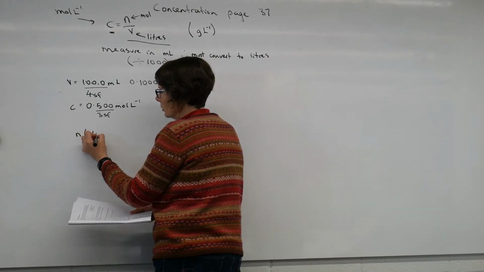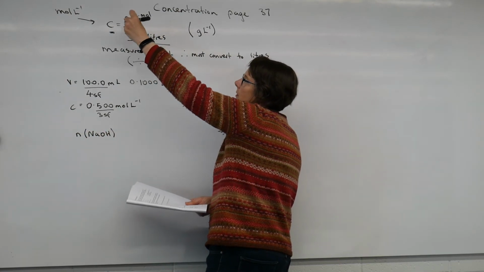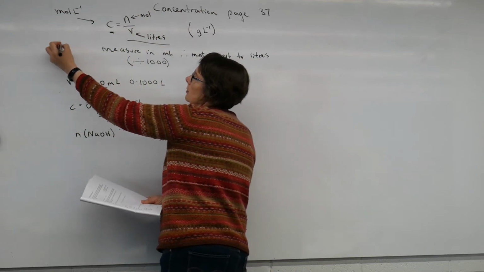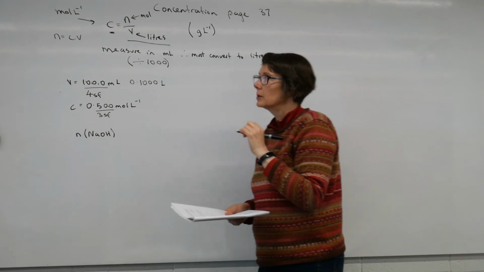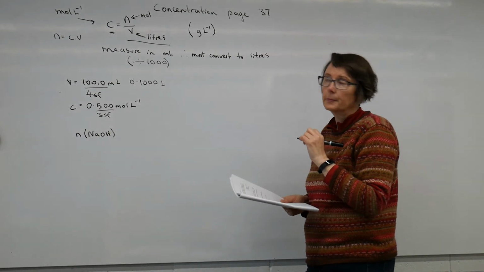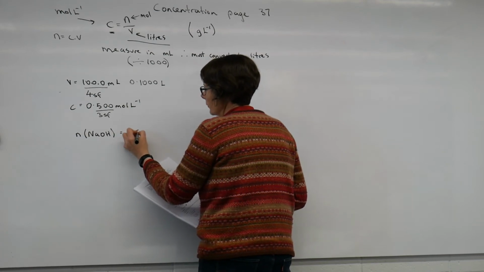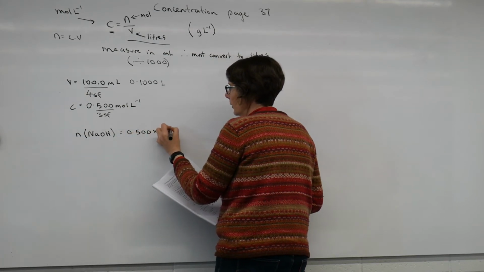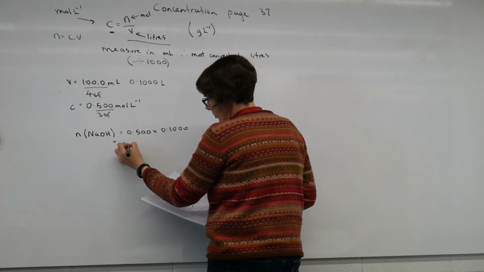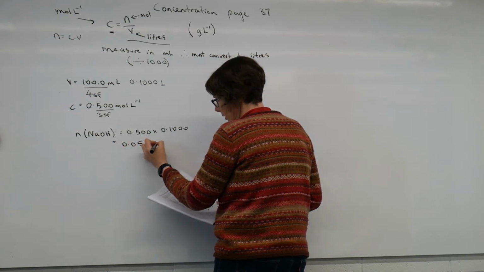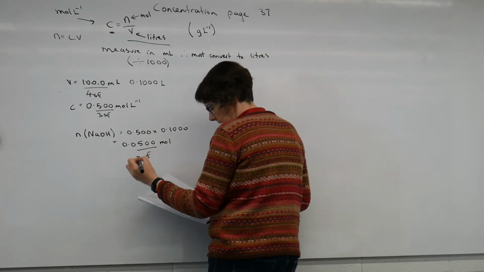Moles of sodium hydroxide. Well, if this is our concentration, moles equals the concentration by the volume, doesn't it? If I rearrange that formula, n equals CV. 0.500 times 0.100 is 0.0500 moles, 3 sig figs.